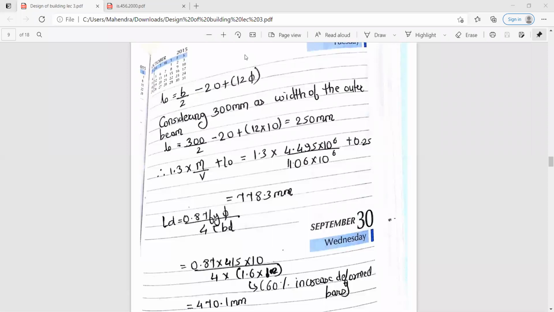So the minimum moment you got was 4.495, and the minimum shear force that is 11.06. From that you get the value as 778.3 mm. So first of all do up till here, then we shall proceed to the LD, that is the development length.